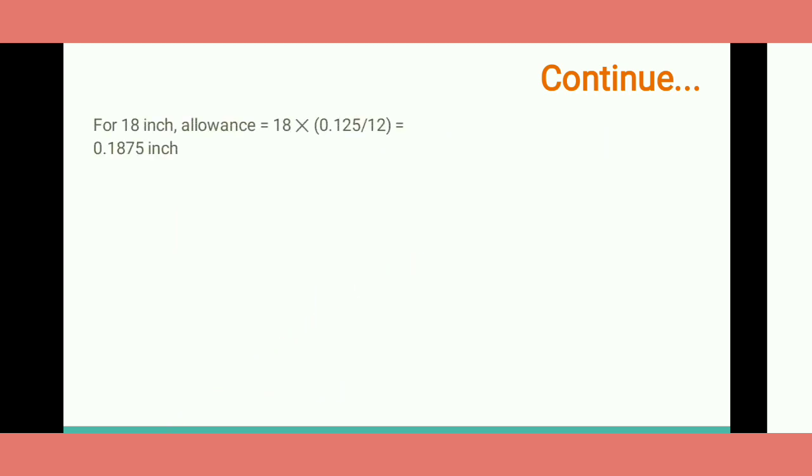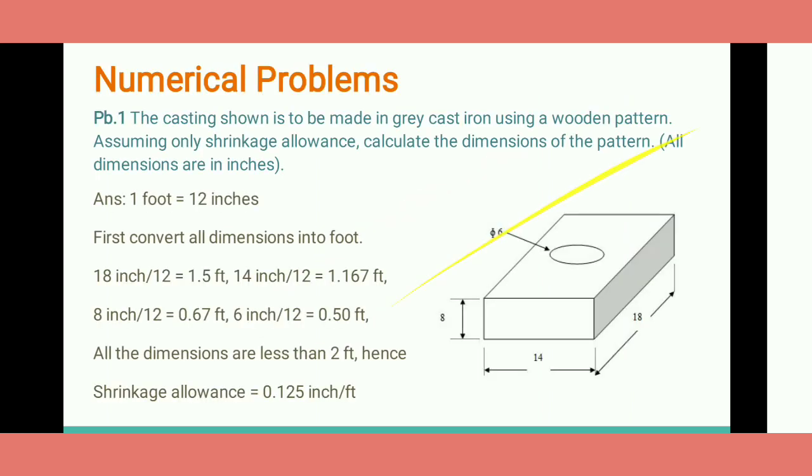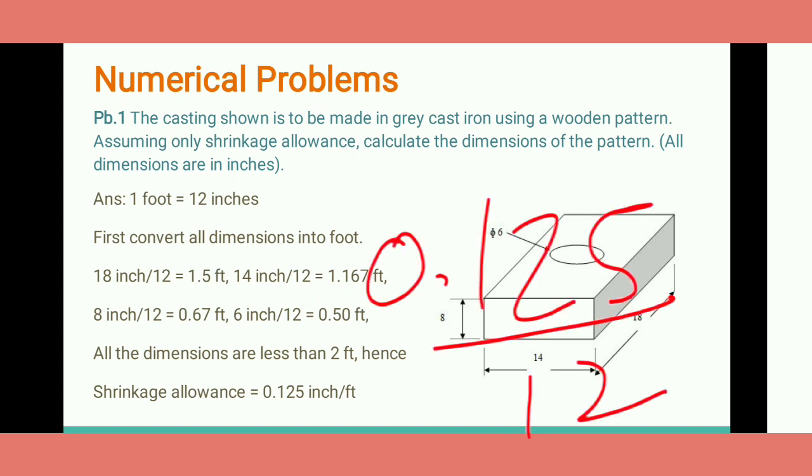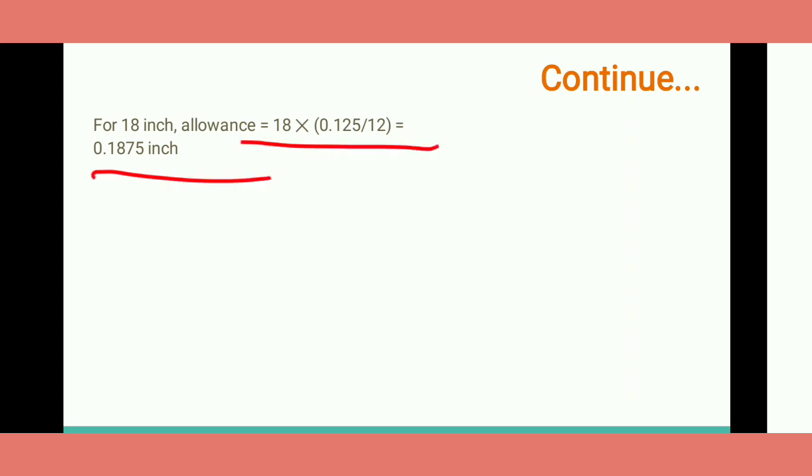If there is 18 inches, then the rate of contraction is 0.125 inch per foot. Converting into inches, we take 1 foot equals 12 inches, so 0.125 inch divided by 12 gives the allowance per inch. So 18 into 0.125 by 12 equals 0.1875 inches.